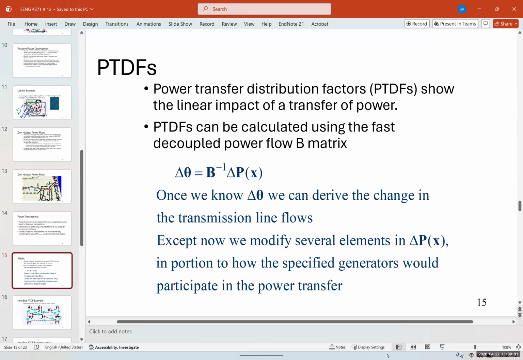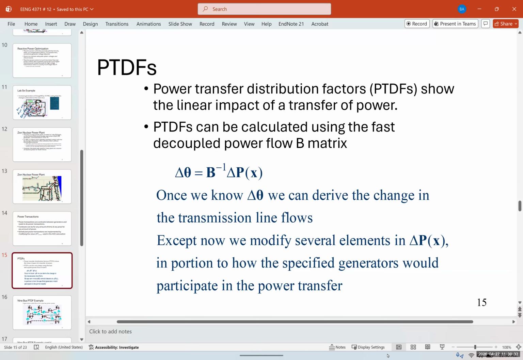Now, PTDFs are, in other words, power transfer distribution factors, or what we call PTDFs. They extend the sensitivity concept to transactions. Instead of asking how a single generator change affects a line, we ask: if power is being transferred from point A to point B, what fraction of that transfer flows on each transmission line?